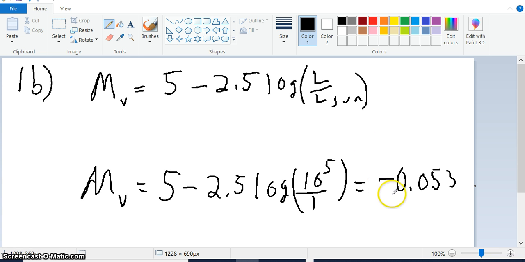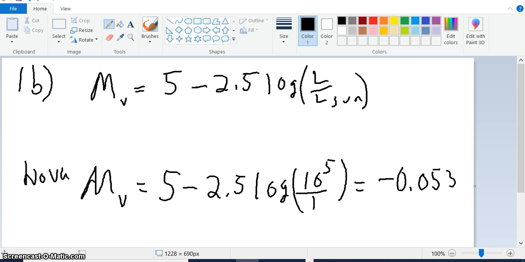So when you do that, you get a number about negative 0.053, which is the absolute magnitude of the nova. All right, so this is for the nova. Once we have that, now we can use that to figure out what.